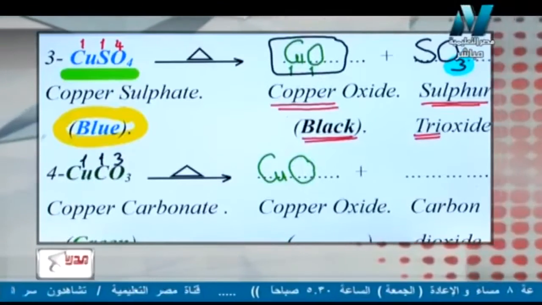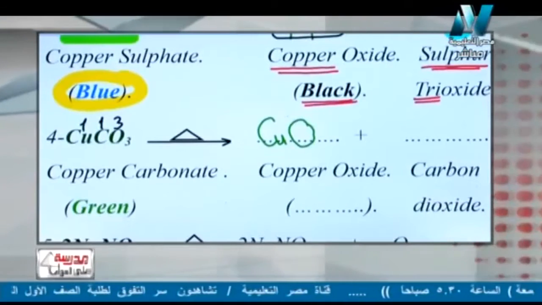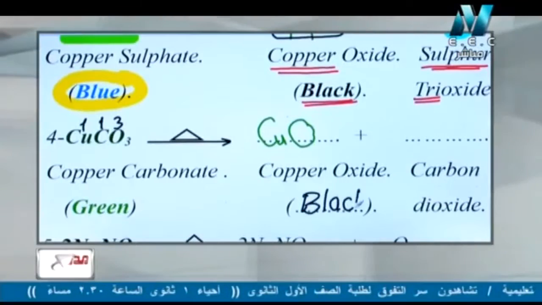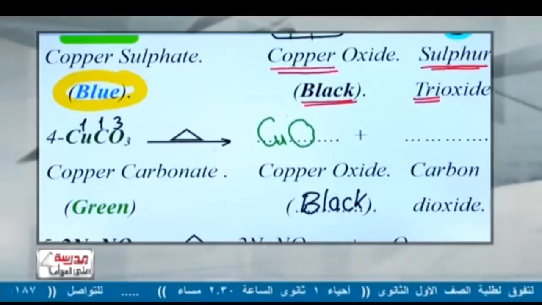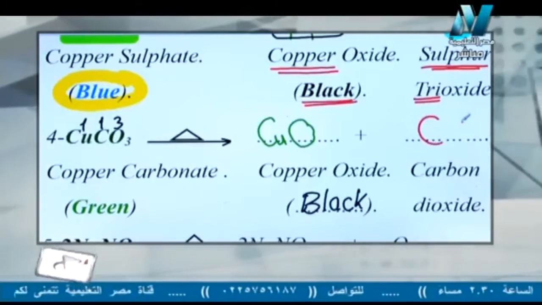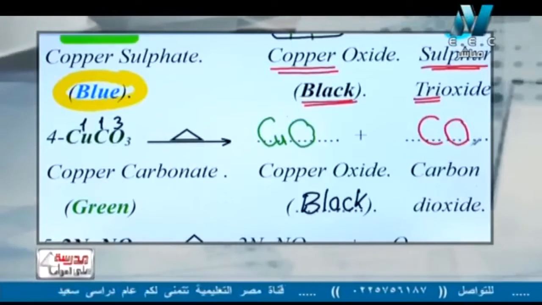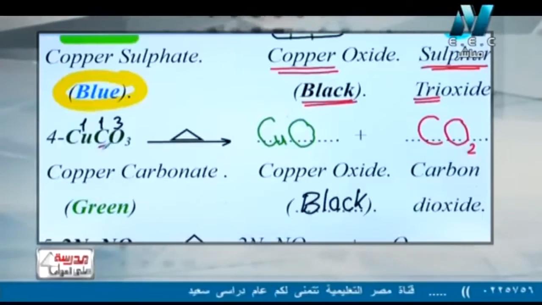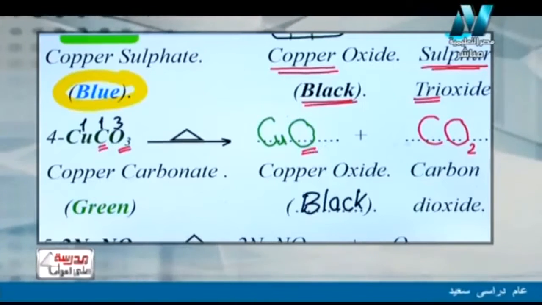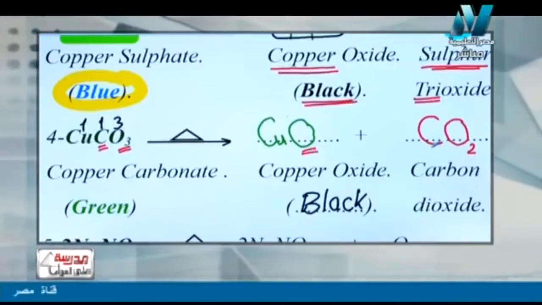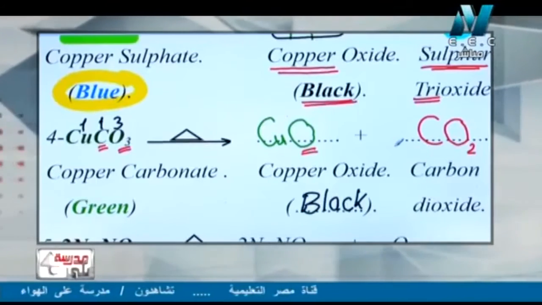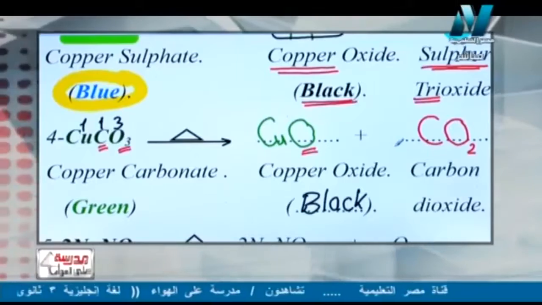Copper oxide, and its color is what? Black color. But here we have CO2, because we have 1 carbon and 2 oxygen, because here we have 1 oxygen, so the chemical equation is balanced.